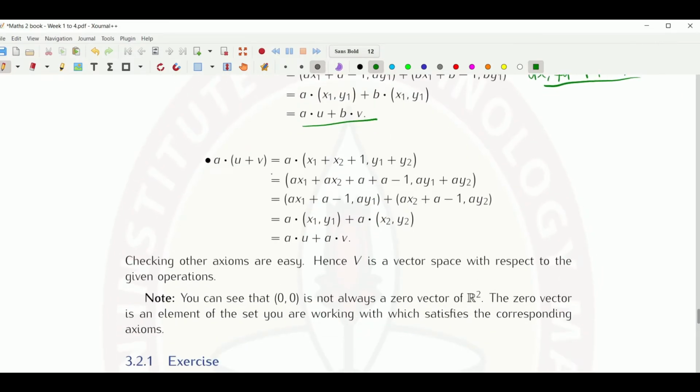a dot (u plus v) is equal to a dot (x1 plus x2 plus 1, y1 plus y2), which is ax1 plus ax2 plus a minus 1, ay1 plus ay2. Scalar multiplication includes minus 1, so it is a plus a.